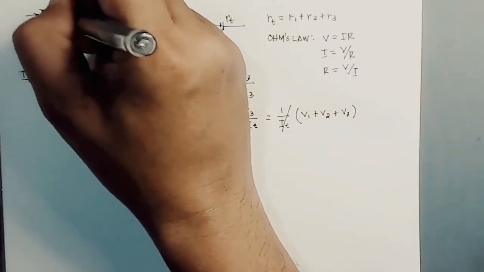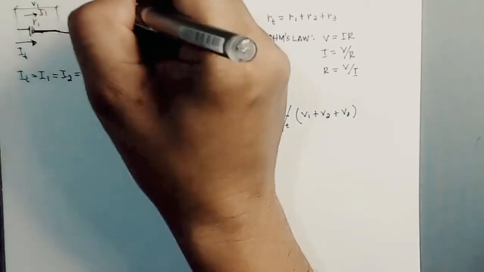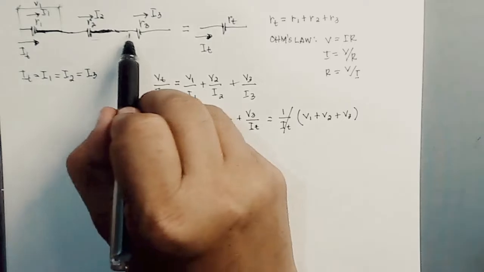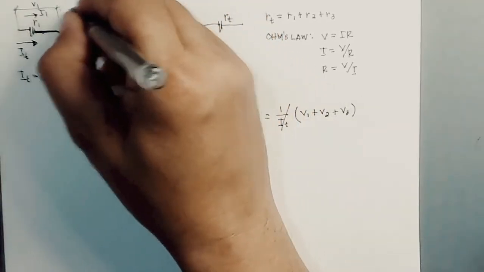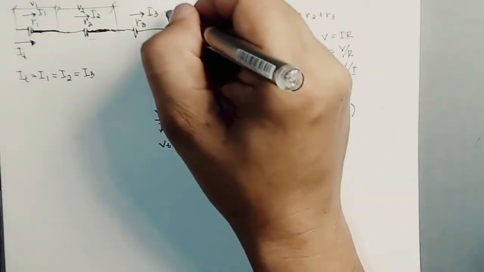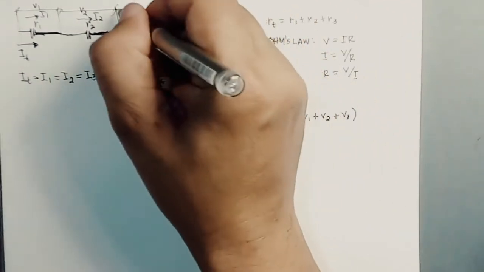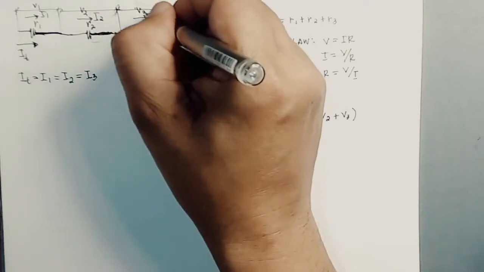So in our drawing, this part is our V sub 1, and from this point to this point, a different node, this will be your V sub 2, the voltage at R sub 2, and also the voltage at R sub 3, which is V sub 3.